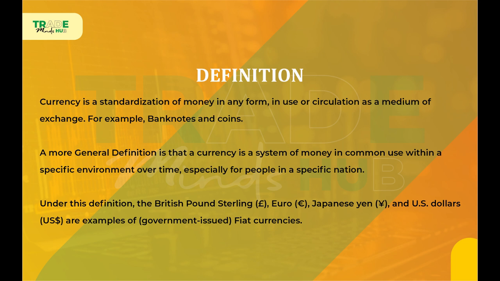I hope you'll be writing down some of this in your book. So every nation has their currency. Every environment has a specific banknote and coin they use, and it's given a name. So in Ghana, the currency they use is the Ghana cedis.